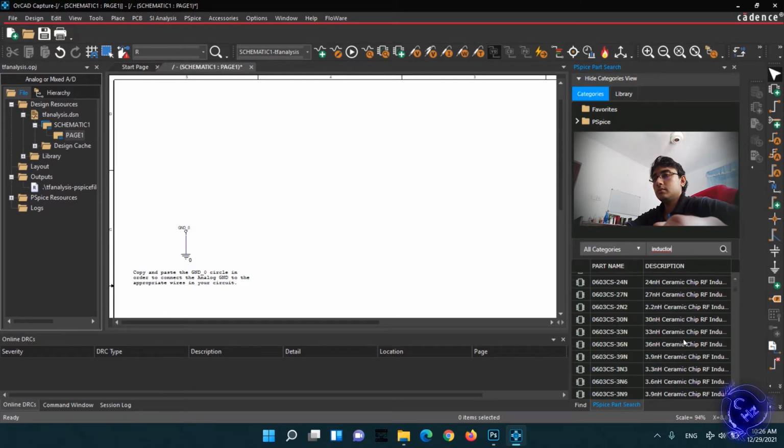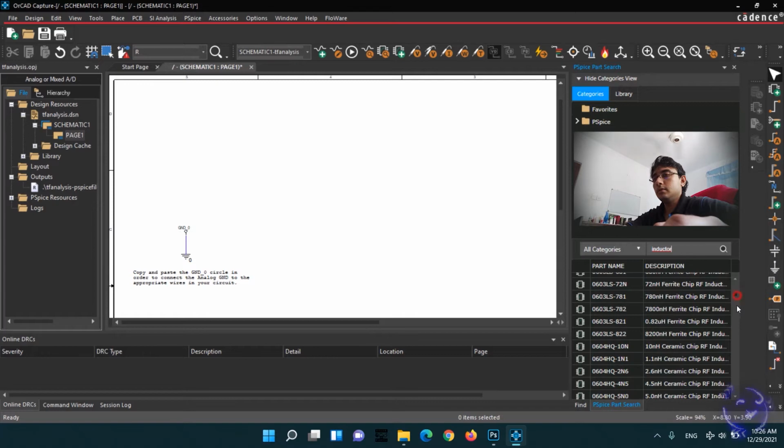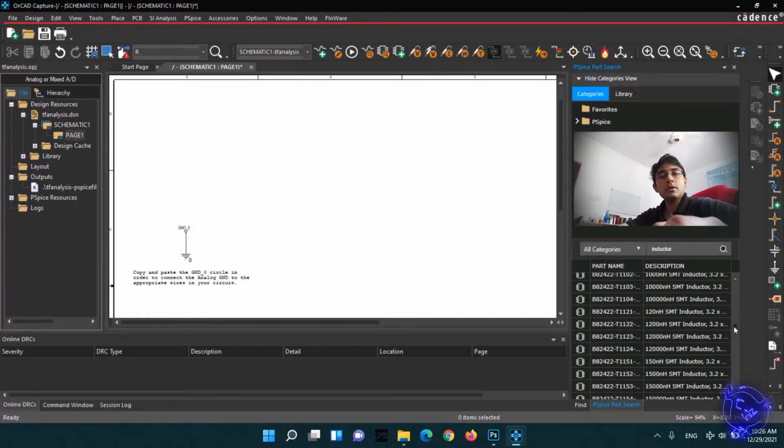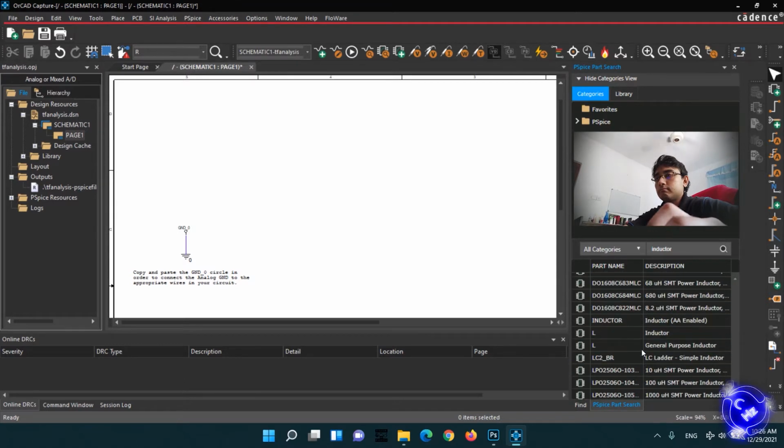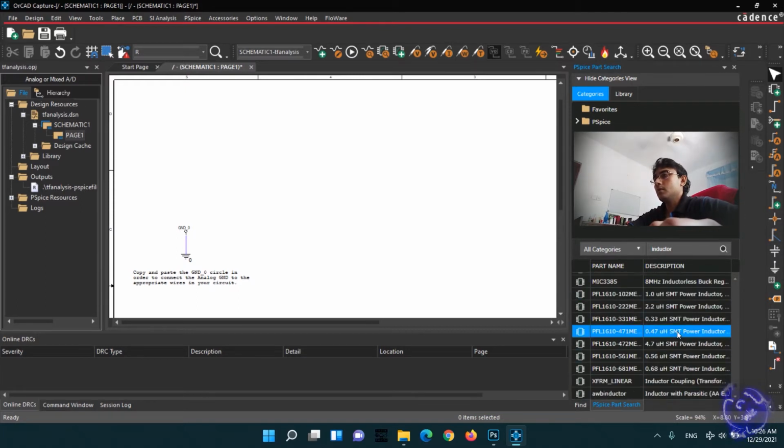A transformer is basically a mutual coupling in between two inductors, right? So, inductor, coupling transformer here. So this is my ideal transformer. In this transformer model we don't have any resistance, we have only inductance values.